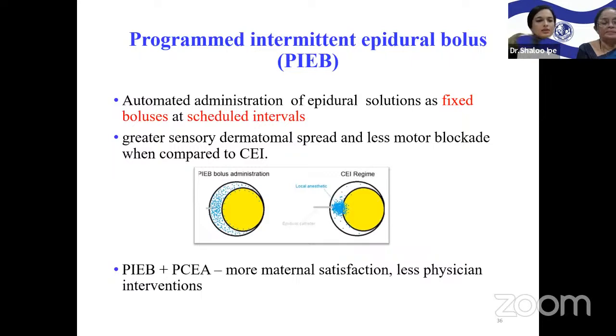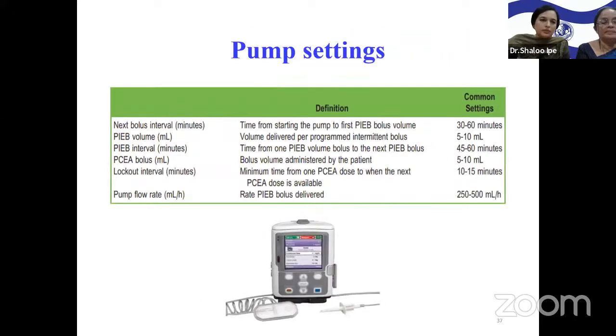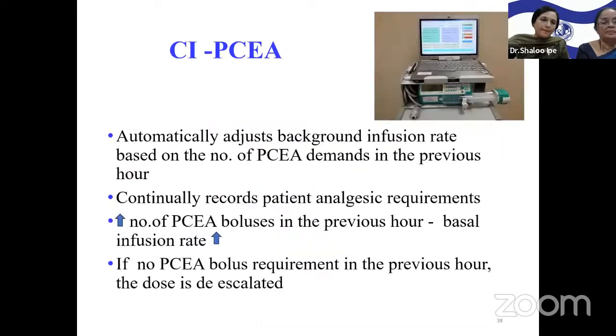There are pumps that have PIEB in association with PCEA, which leads to more maternal satisfaction and less physician interventions. These are the various settings that you have to set in a PIEB pump.